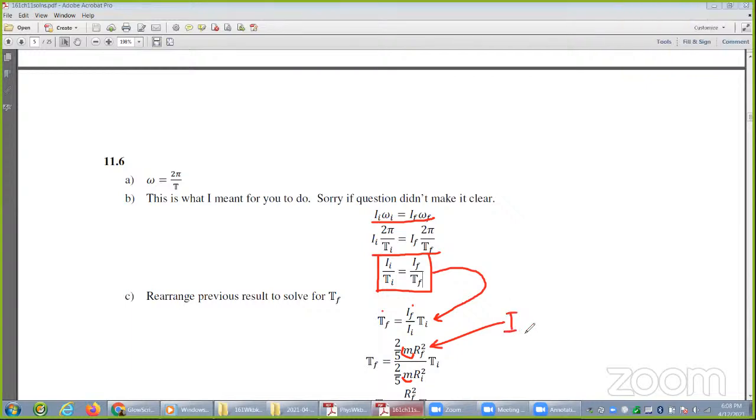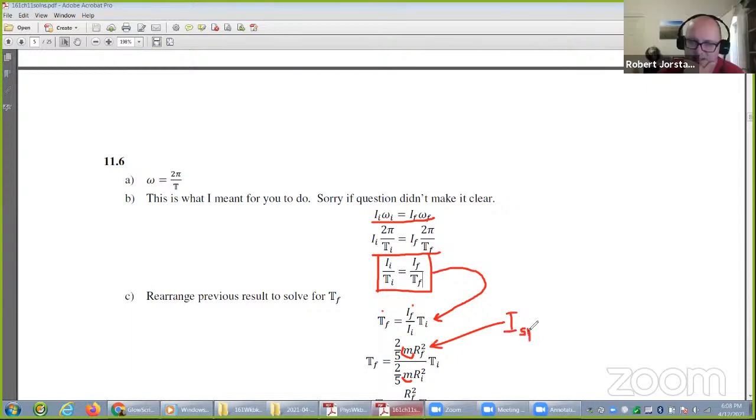A disk? Sphere. A star is like a sphere. Disk is 1/2. Solid sphere is 2/5. This might not be exactly right, but it gets the idea across. Now the 2/5 are going to drop out, the mass is going to drop out. I have this final radius and this initial radius squared.